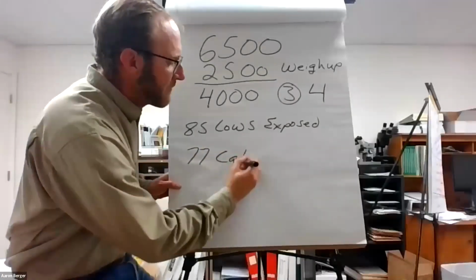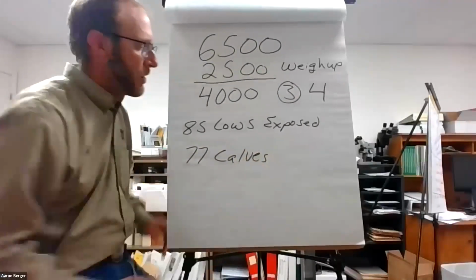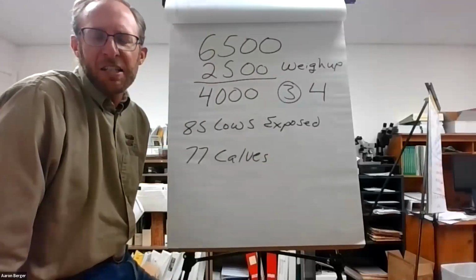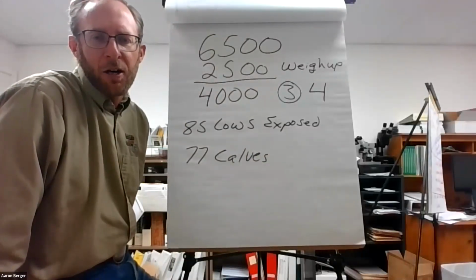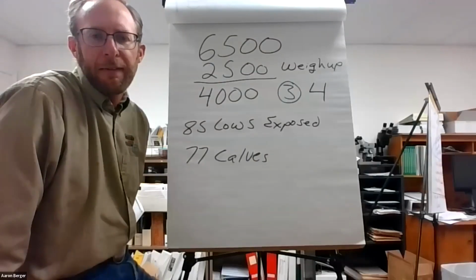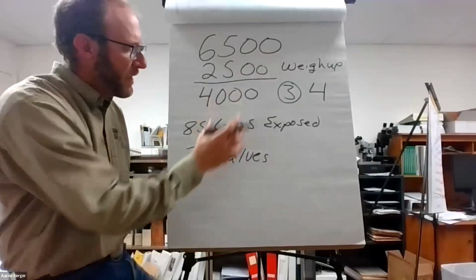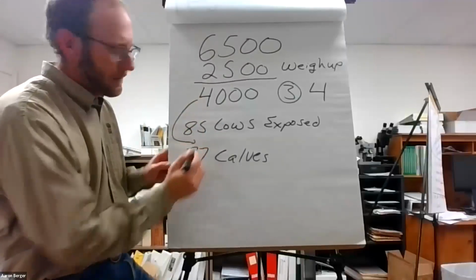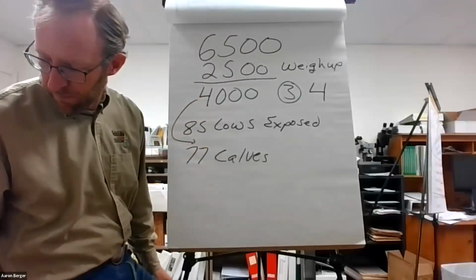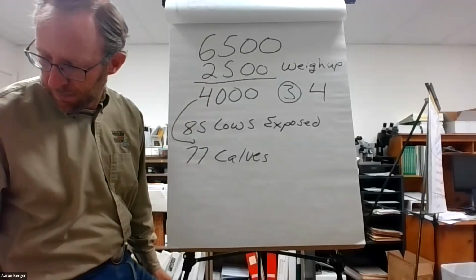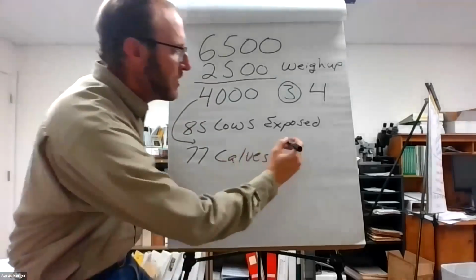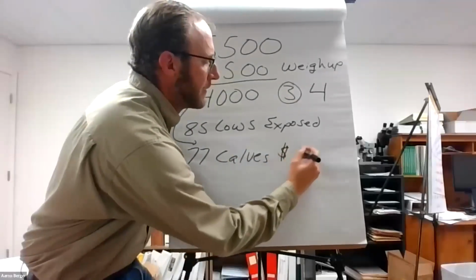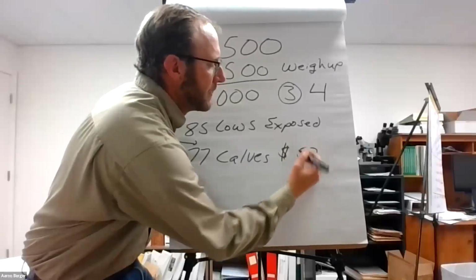I'm going to get 77 calves. All right, so what's our cost and depreciation on our bull? Well, if we take 4,000 and we divide it by 77, that's roughly 52 bucks in depreciation.